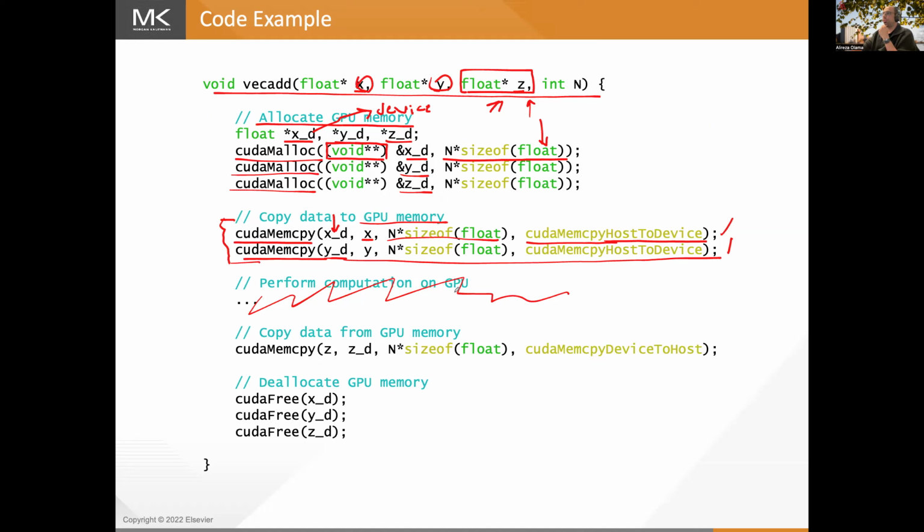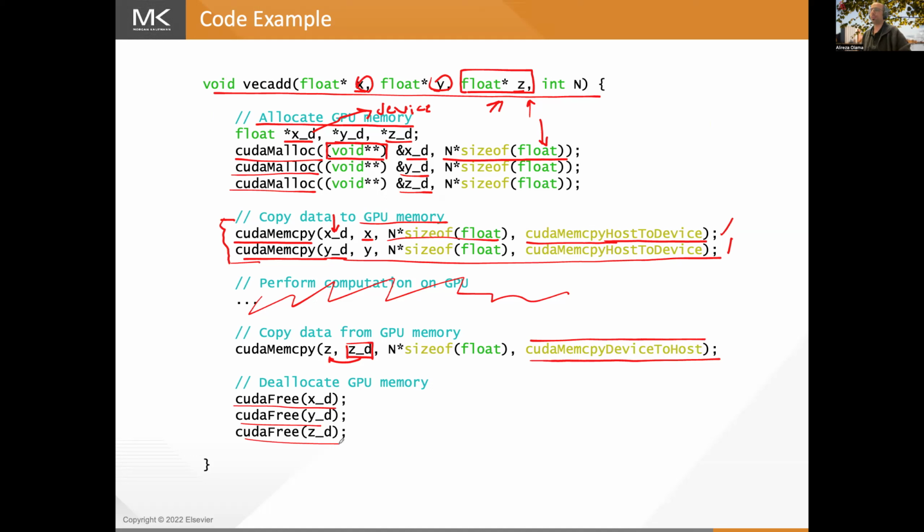And then after the computation is done, you have this z_d with the results, and then you copy the content of z_d to the host memory using this Z array. And for that, you should use cudaMemcpy device to host, because we are sending the data from the device to the host, right? And finally, you have to free the memory that you allocated using this cudaFree. Okay.